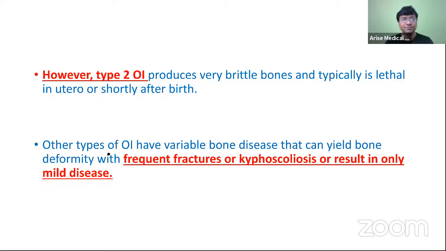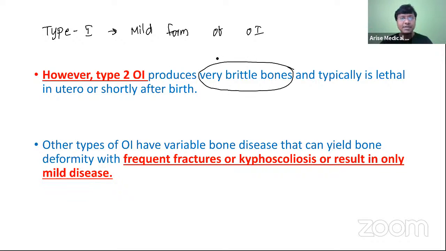Whereas if you take type 2, what was type 1? Type 1 is the mild form of osteogenesis imperfecta. Type 2 patients have very brittle bones, and they are lethal in utero or shortly after birth, either immediately after birth or within the uterus.